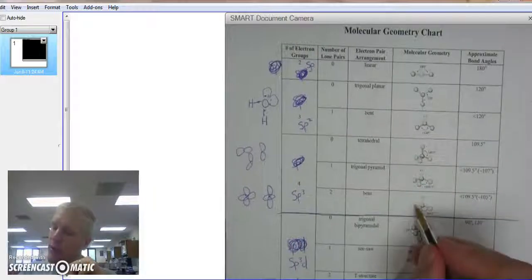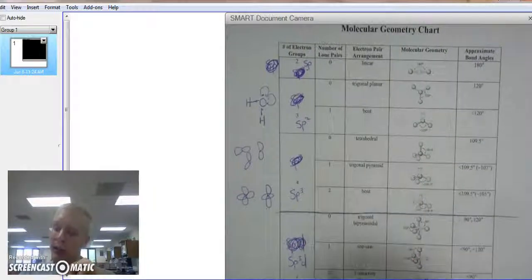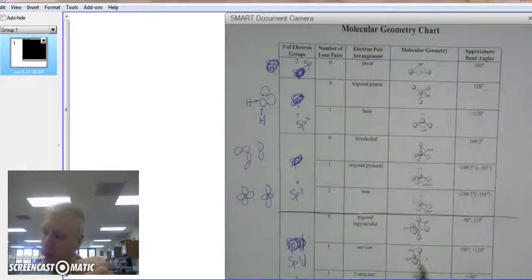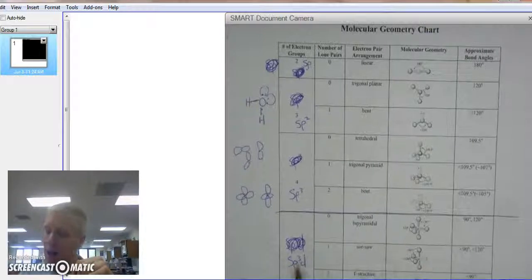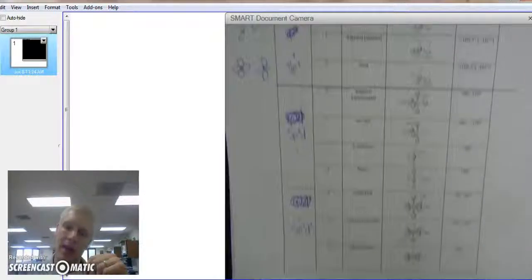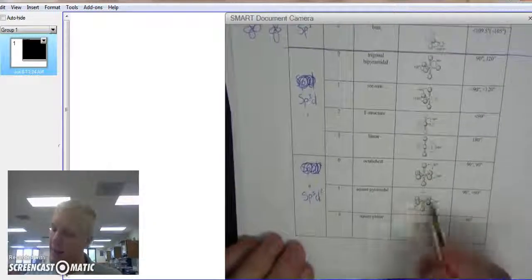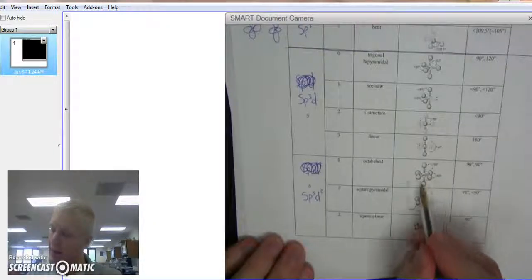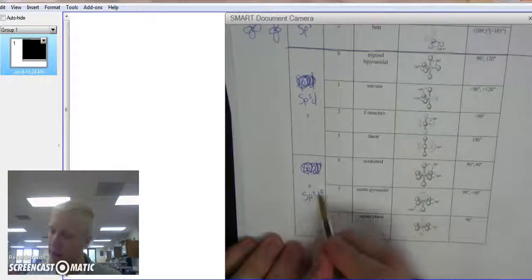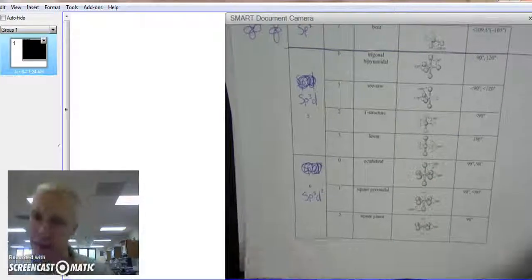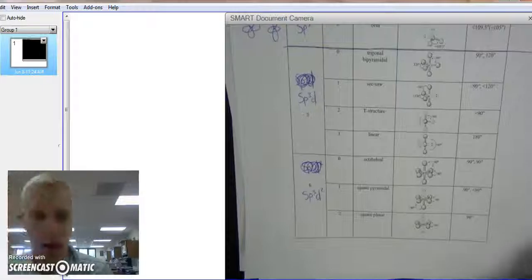For sp3 we have 4. We have 3 P's, 1 S, that's 4. For sp3d, we have 5. Here's 3, 4, and 5. And sp3d2 is 6. So we have 3, 4, 5, 6. Different ways of looking at it.